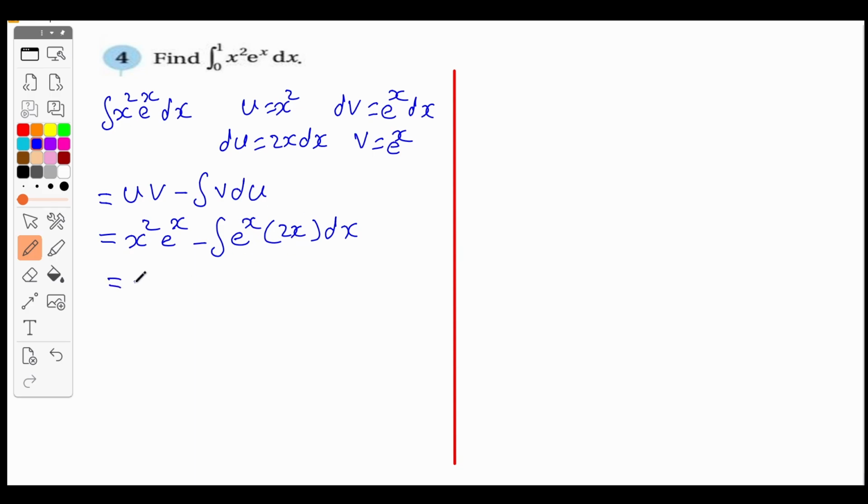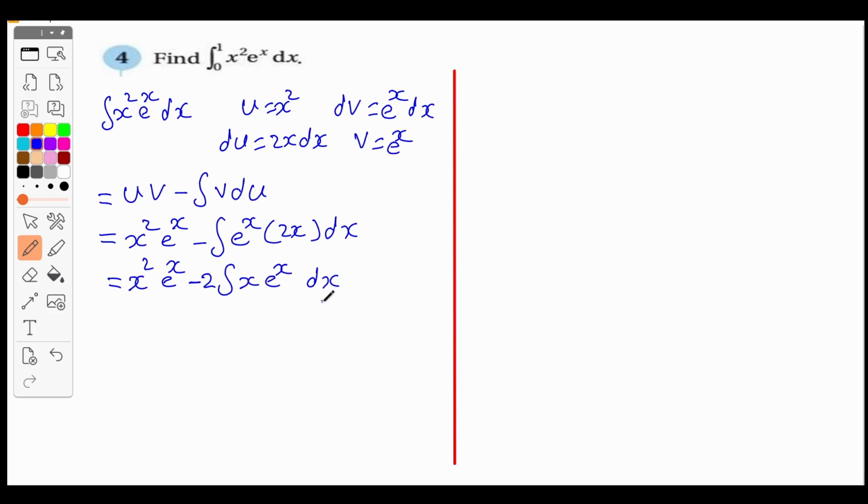So we say x squared e to the x, this is the first part of the answer, minus, you can take this 2 outside the integral, and we say here x e to the x dx. Okay, so here we have another integral, another product of two functions.